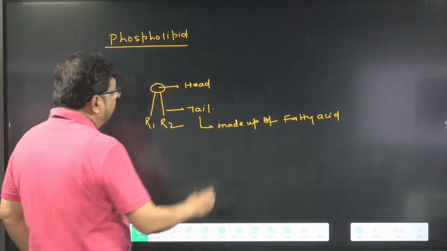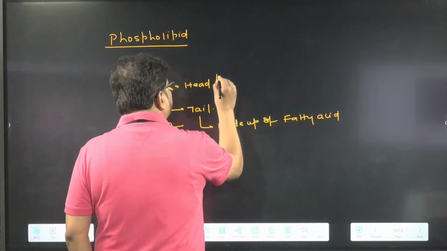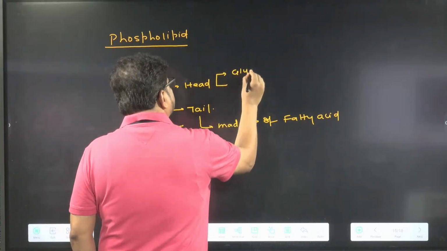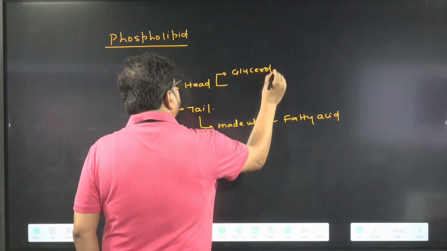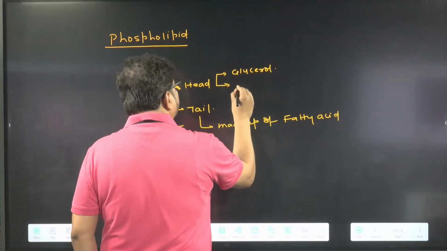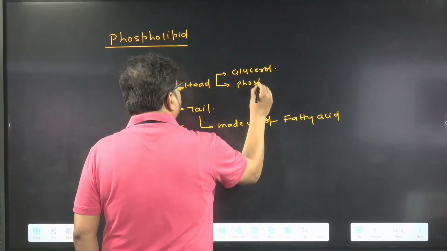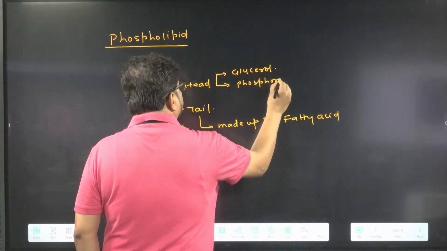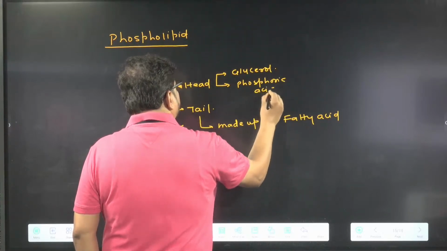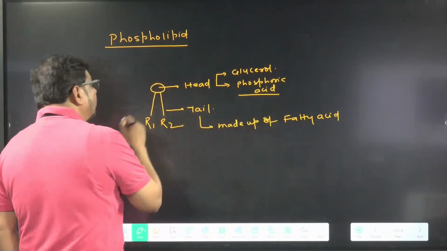And the head is made up of two components. One is glycerol, and fused with it is phosphoric acid. That is the reason I am telling two tails only.